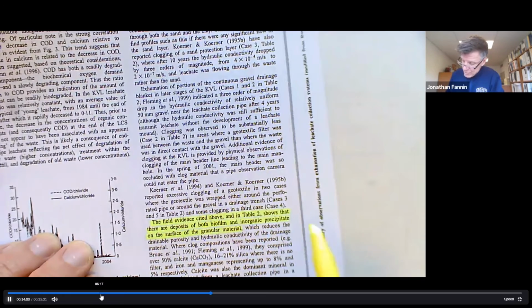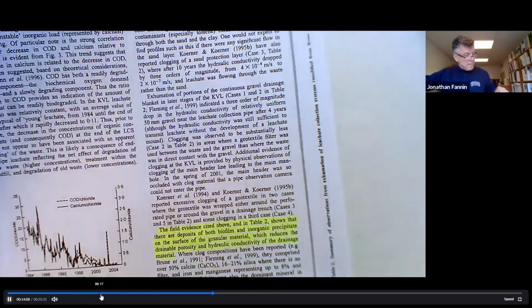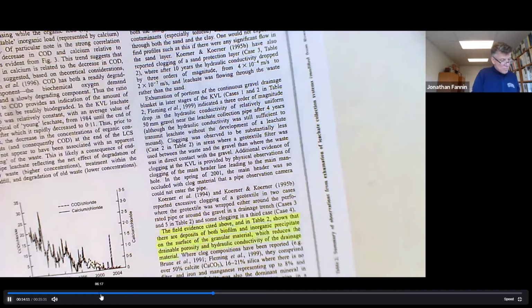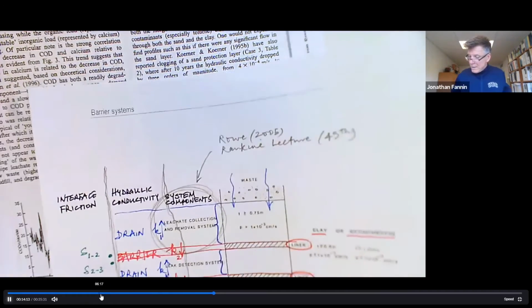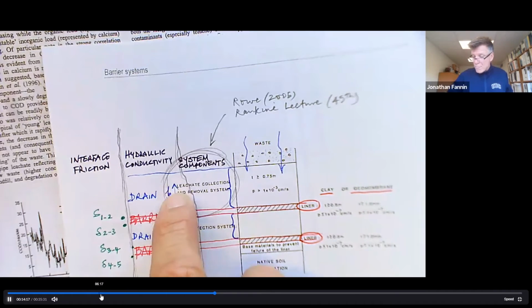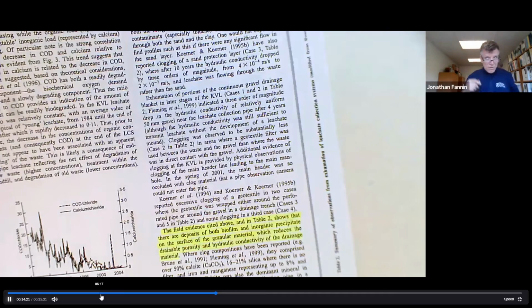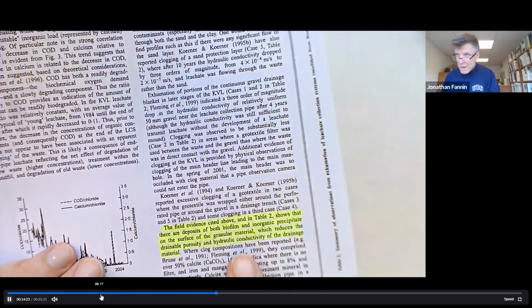And what this is doing is reducing the porosity and thus the conductivity of the material.